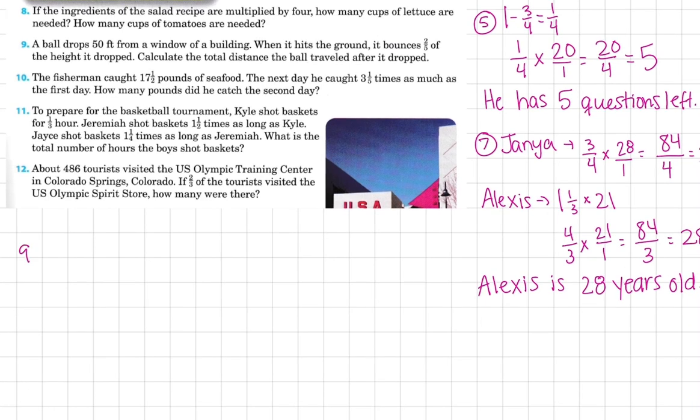Let's look at number 9. A ball drops 50 feet from a window of a building. When it hits the ground, it bounces 2/5 of the height it dropped. Calculate the total distance the ball traveled after it dropped. Okay, so we know that it dropped 50 feet.